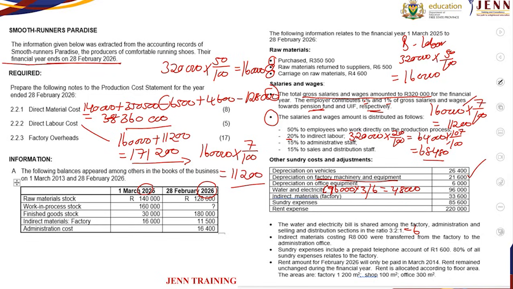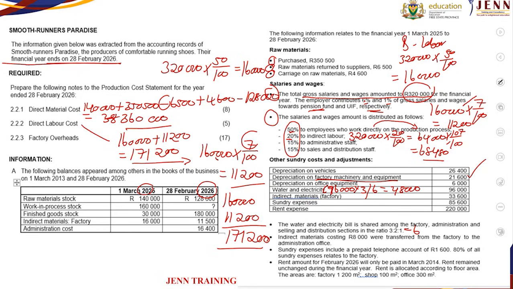And then we are going to say 160,000, which is the original payment that we made to our employees, plus 11,200, which is the employer's contribution. Then it must give you 171,200. All right. We are done with it.